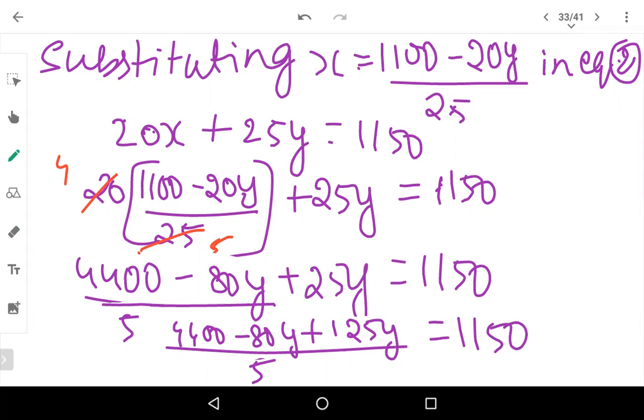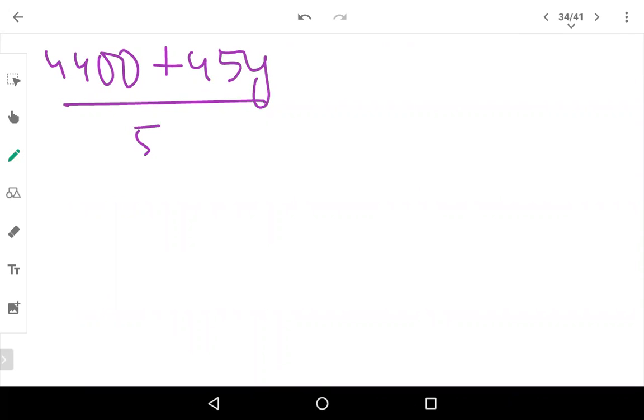Okay. Bindushri and Rida have also got the answer. Anybody has doubt in this question? So what do I get? Minus 80 plus 125 is 45. Is this correct, what I'm doing? So I'll take 5 to the other side.